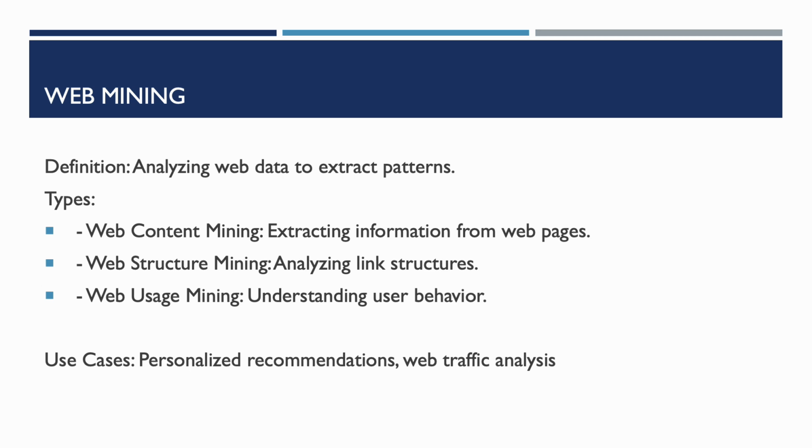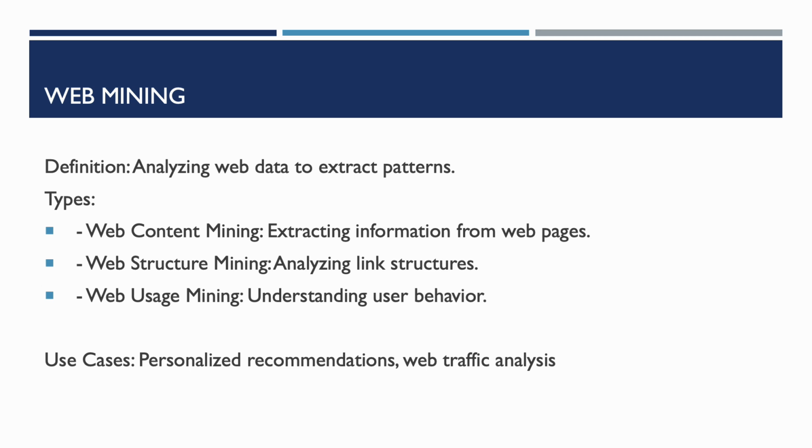Next, we have web structure mining. This focuses on analyzing the structure of websites, particularly the links between web pages, and it helps in understanding the relationships between different websites, the importance of specific pages, for example, through algorithms like PageRank, and how content is interconnected.